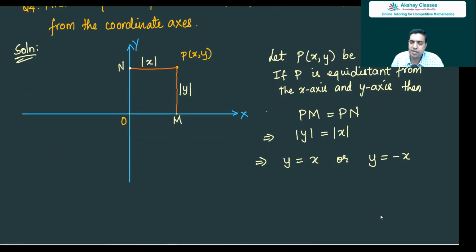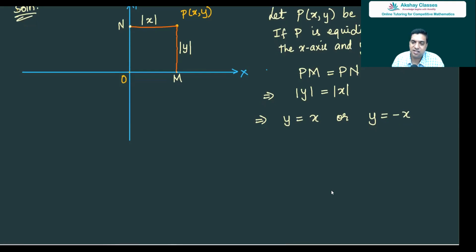Or if y is equal to minus 2, x can be minus 2 or 2. So what are these lines? y equal to x and y equal to minus x. Let us see that. These are straight lines. How do they look?